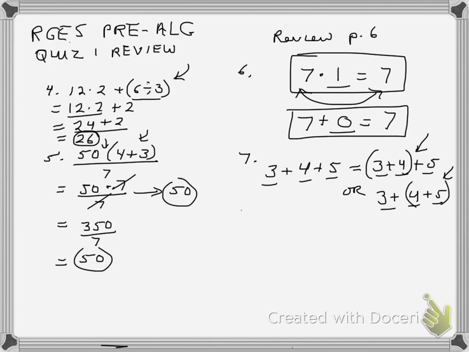We had some trouble also with rounding. Number 8 says round 1527 to the nearest 10. So I'm going to identify the tens place right there. This is the one that will either move up 1 or stay the same. In other words, I will end up with 1520 or 1530. And the question is, which one?